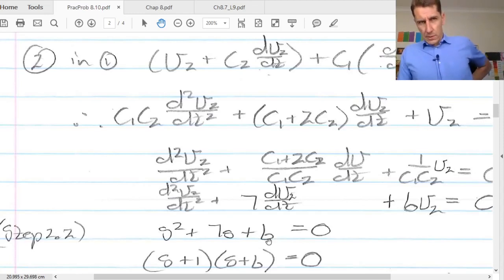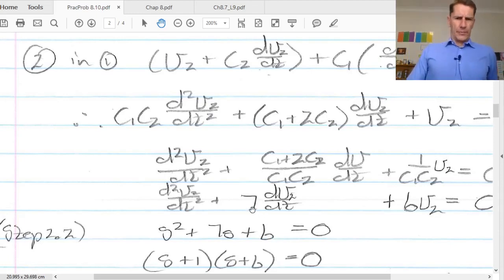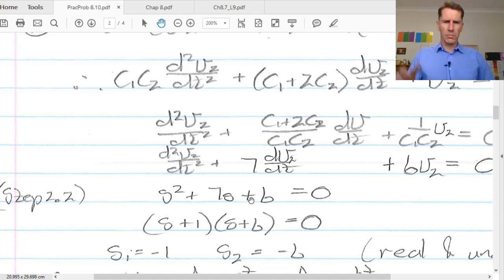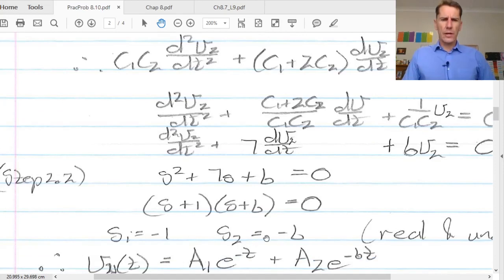Eh? For me it's almost a quarter of a century ago. So for you guys it's just the other day. So you do a factorization or you can do the whole minus b plus minus the square root of blah blah blah, up to you. And you get (s plus 1)(s plus 6), and you get your s1 and your s2 values.